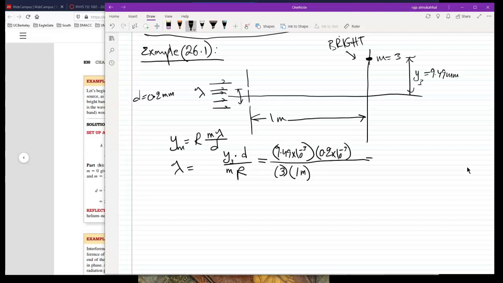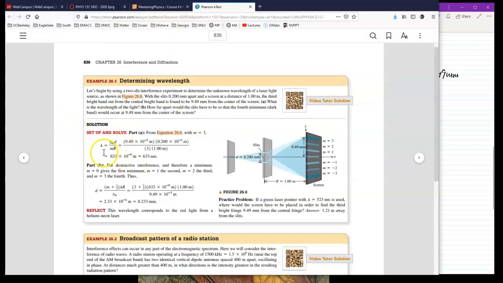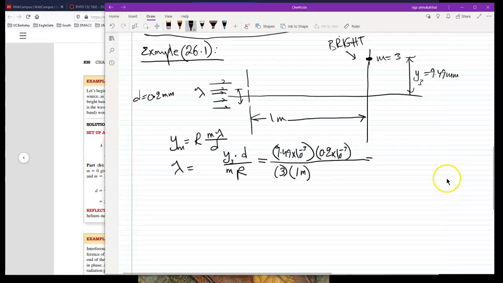And when I do the calculation, there we go, I think he did it the same way. He plugged in all those numbers, and he got lambda to be 633 times 10 to the negative 9. So basically it is 633 nanometer. There we go.